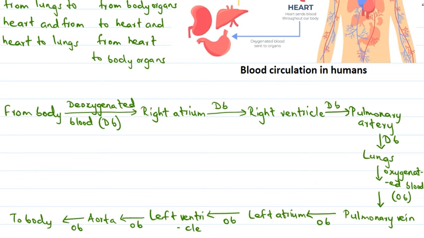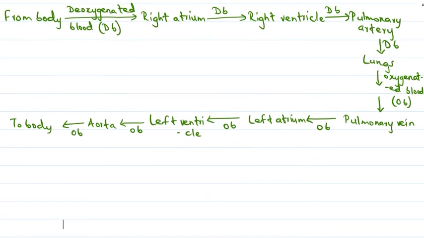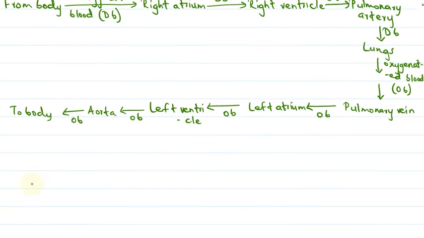So in this way, we can see that the blood flows twice. In this way, the blood is flowing twice through what?